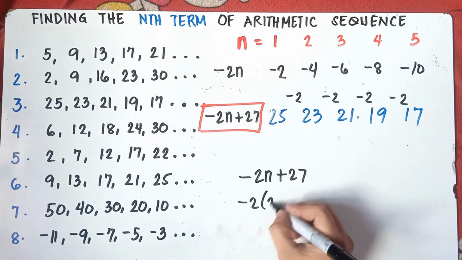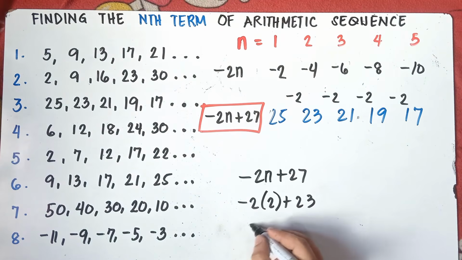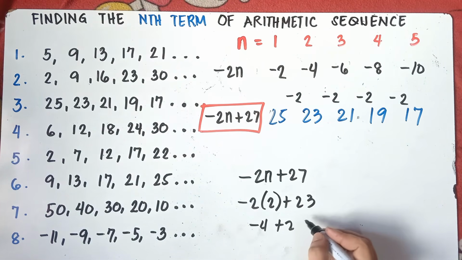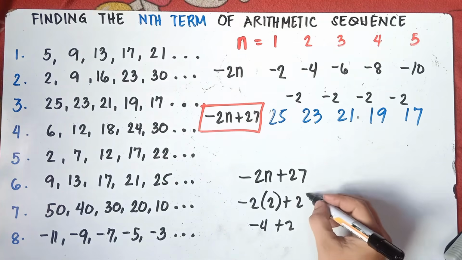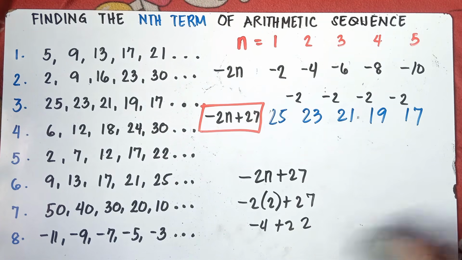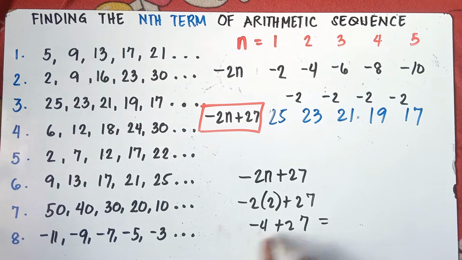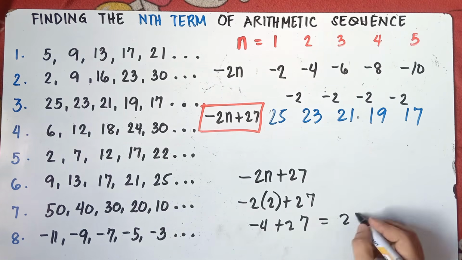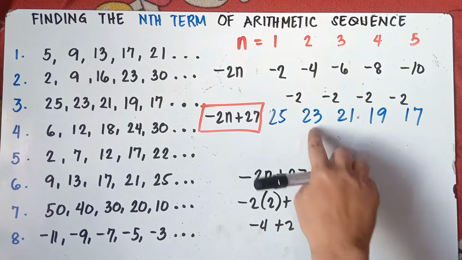Negative 2 times 2 is negative 4, plus 27. So negative 4 plus 27. If the signs are not the same, subtract, then copy the sign of the larger number. 27 minus 4 is 23. 27 is greater than 4, so that's why we have positive 23. You get the same answer.